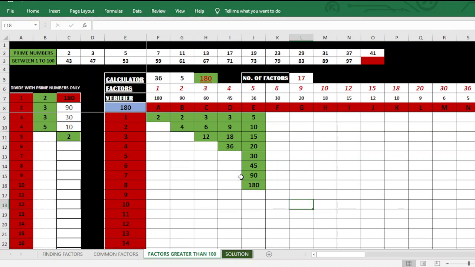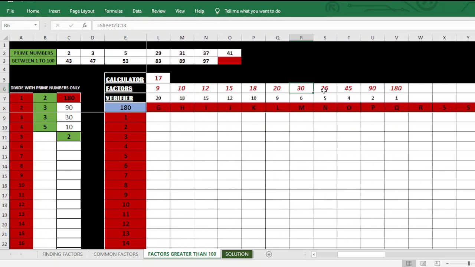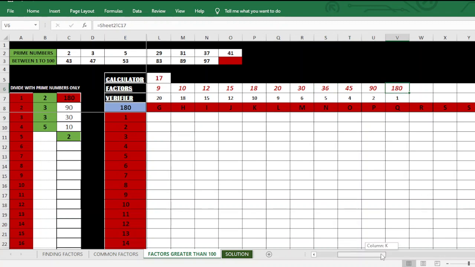So this brings us to the end of our factors. Now we can see we are having what? 17 factors. And they are 1, 2, 3, 4, 5, 6, 9, 10, 12, 15, 18, 20, 30, 36, 45, 90, and what? 180.